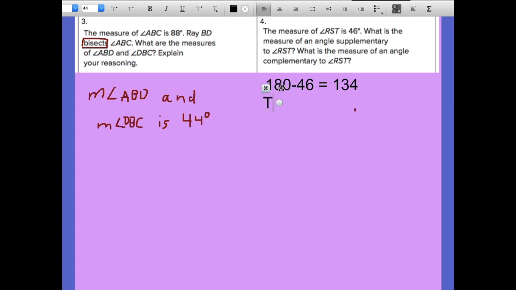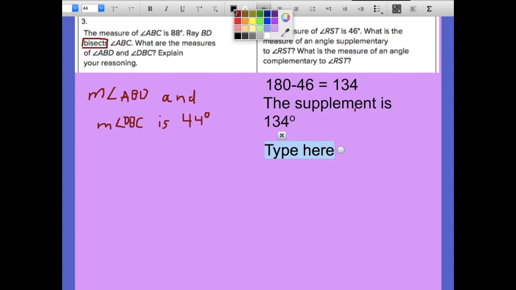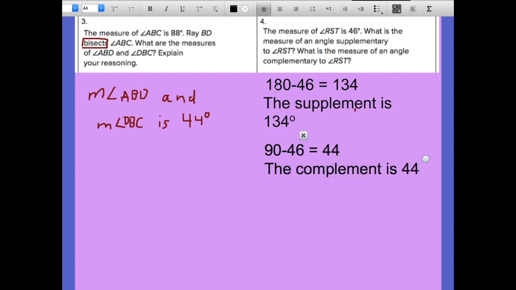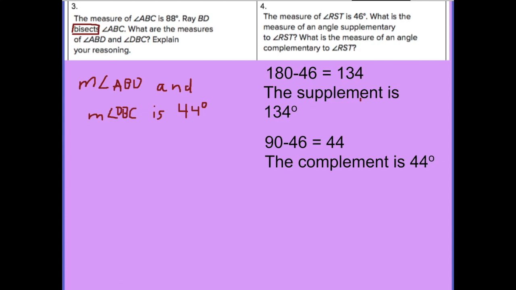So we could say the supplement is 134 degrees. And then for the complement, we'll go ahead and do 90 minus 46, and we get 44. So we could say the complement is 44 degrees. And there's our two answers for there.